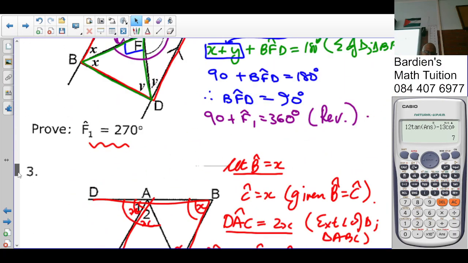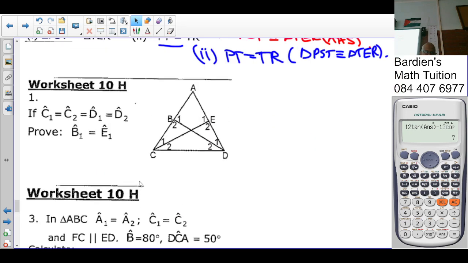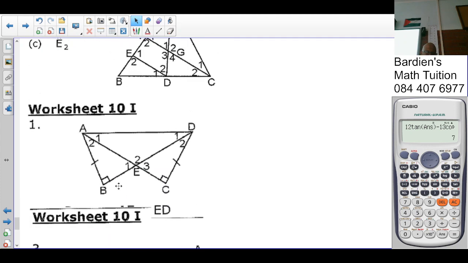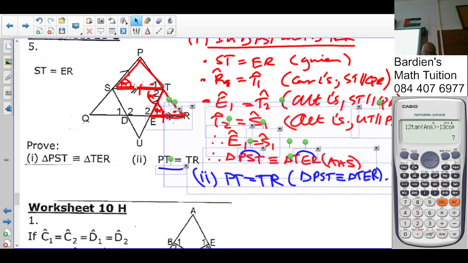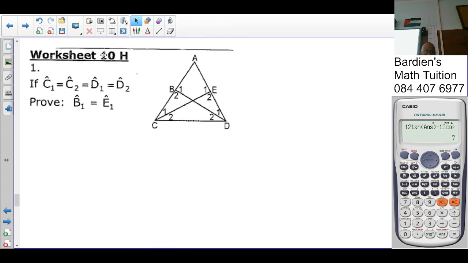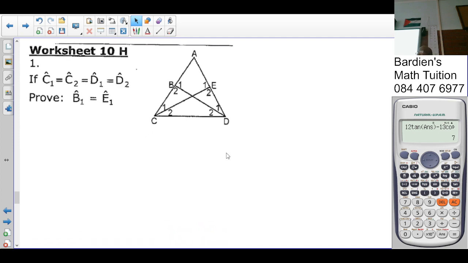So we're on worksheet 10H, number 1. You have to do the odd and even numbers, is that correct? So what I'm going to do is send you, at the end of today's lesson, a written memo of the whole exercise.